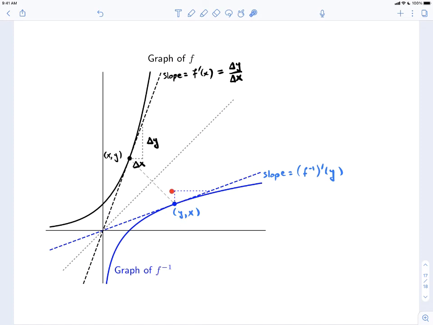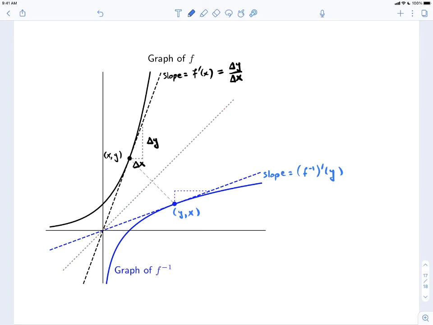But what happens to this little triangle that we created here? Well, notice that this delta x corresponds to this little vertical distance here. So vertical lines become horizontal lines, and horizontal line segments, when you reflect through y equals x, become vertical line segments.